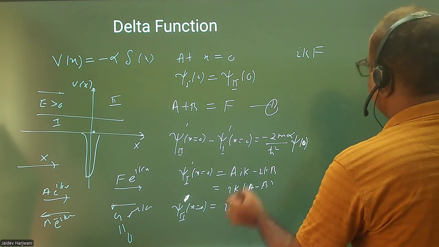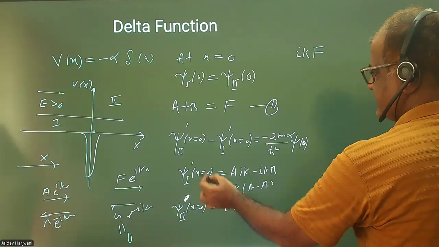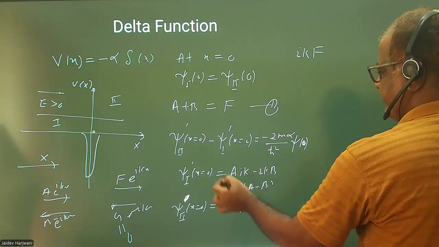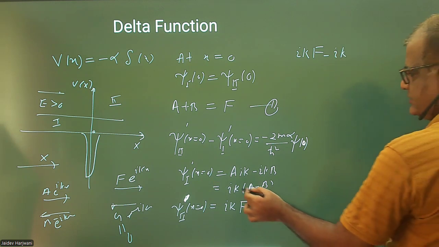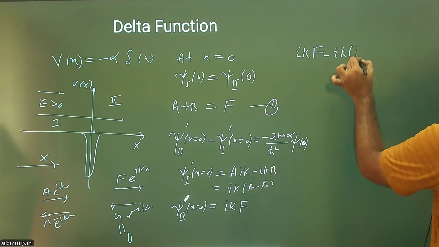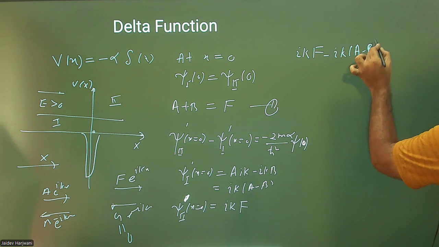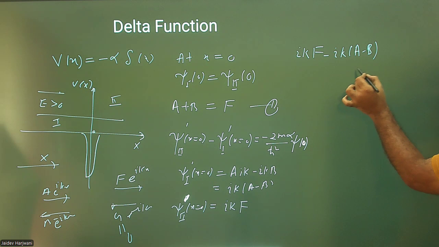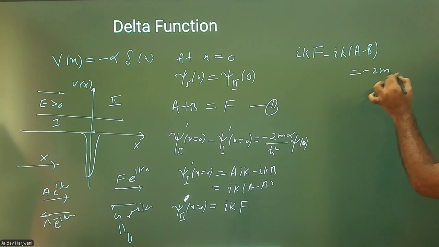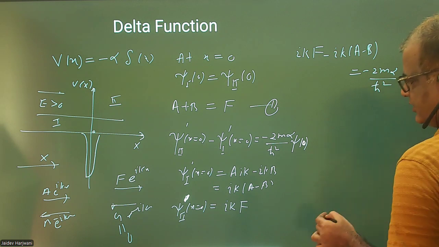Then you have iota k f minus iota k, this is a minus b, and then you have minus 2 m alpha upon h cut square psi 0. So what is psi 0?